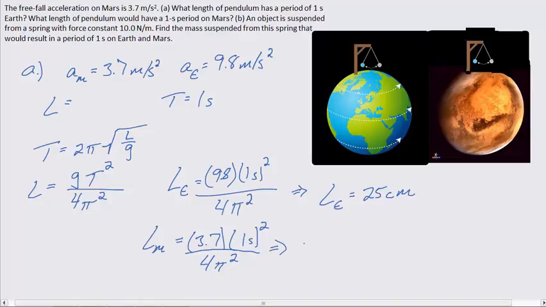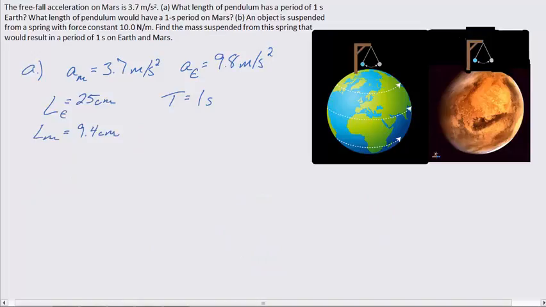And when we do so, we see that the length necessary for a pendulum on Mars to have a period of 1 second is equal to 0.094 meters, or if we converted that into centimeters, it would have a value of 9.4 centimeters.